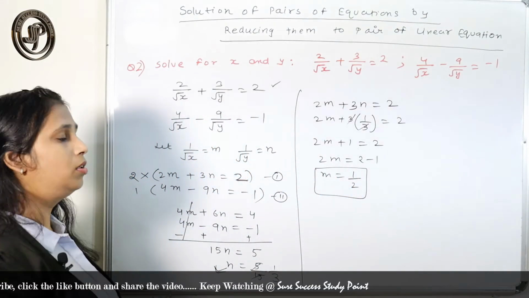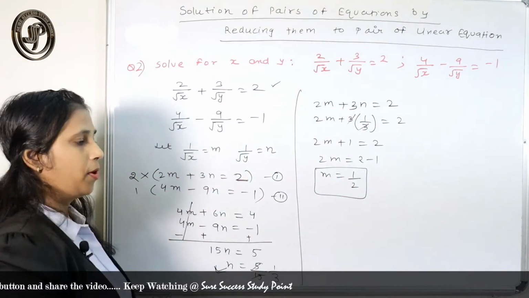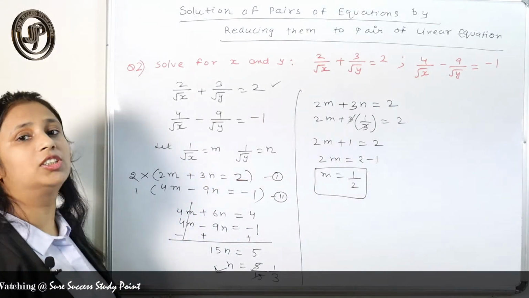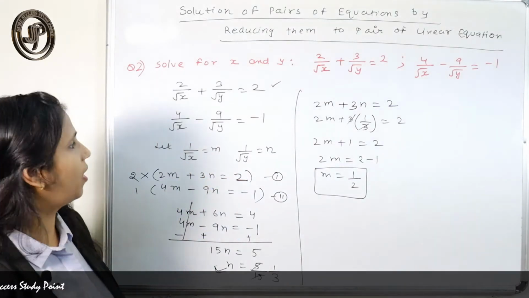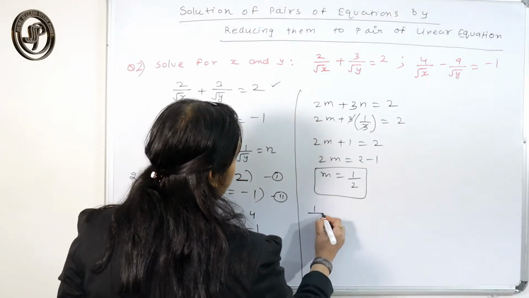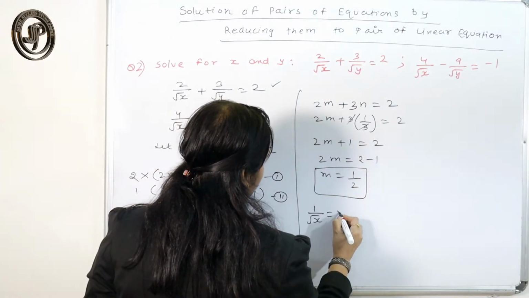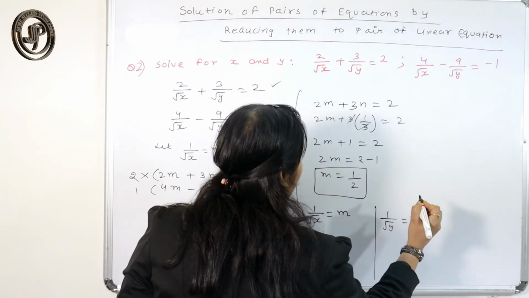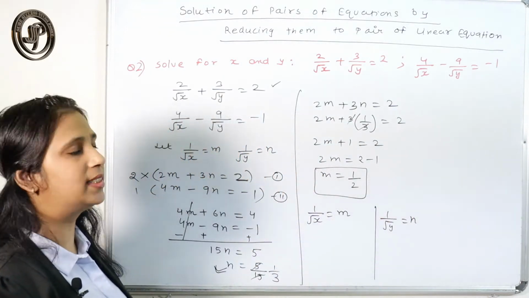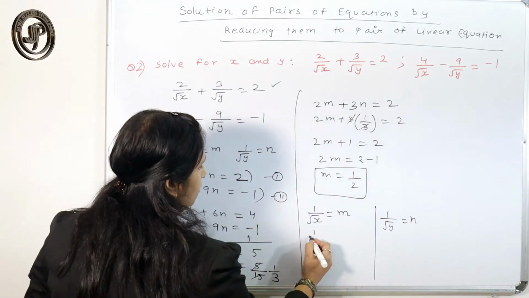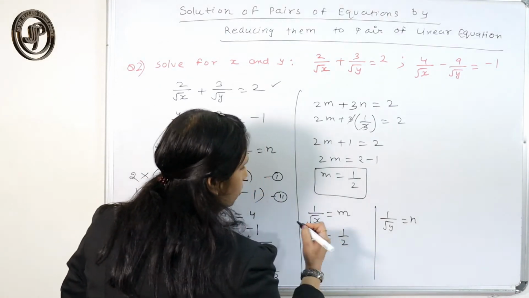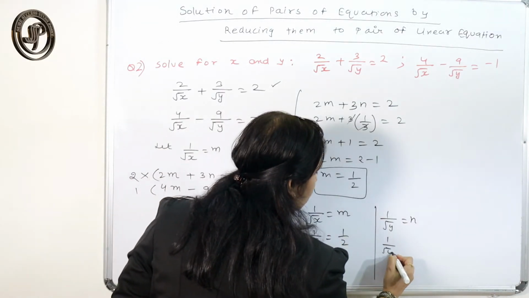Here also don't stop your answer at this stage, because you are asked to find the value of x and y. Now what will you do here? In the question, what have you supposed? 1 upon root x as m and 1 upon root y as n.